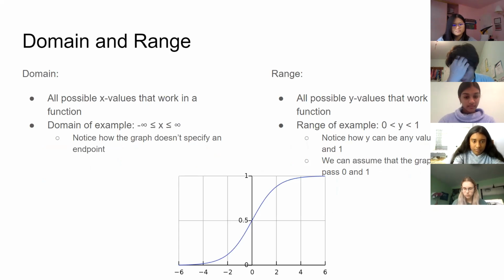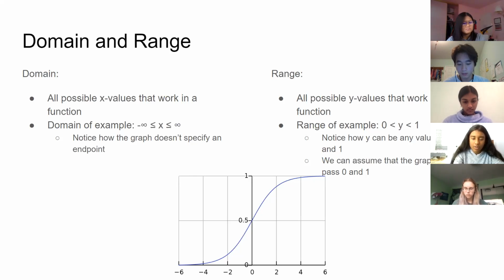The domain of the example is negative infinity is less than or equal to x, which is less than or equal to infinity. Because it doesn't have a specific endpoint, x can equal all real numbers, any real number between negative infinity and positive infinity, which means every x value will work in this function.